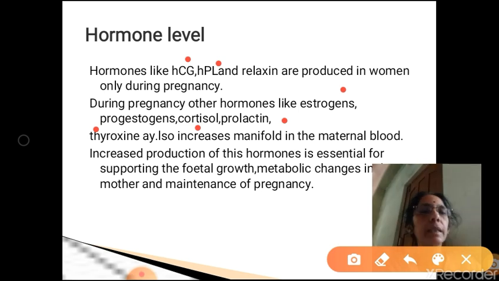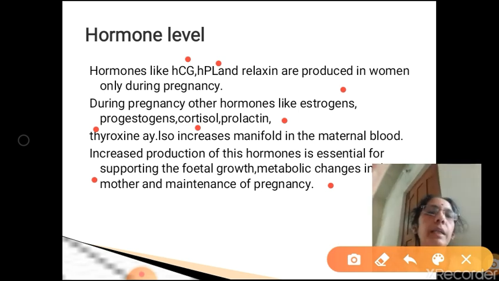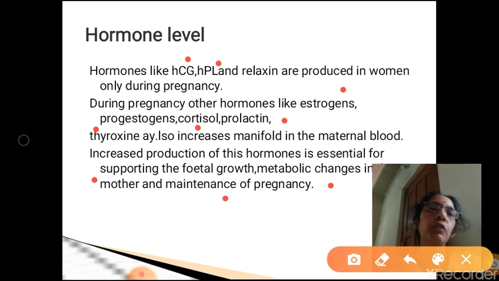Why is it increasing? This increased production of hormones is very essential for supporting the fetal growth. Second one is for withstanding the metabolic changes that occur in the mother's body. Third one is for the maintenance of pregnancy.